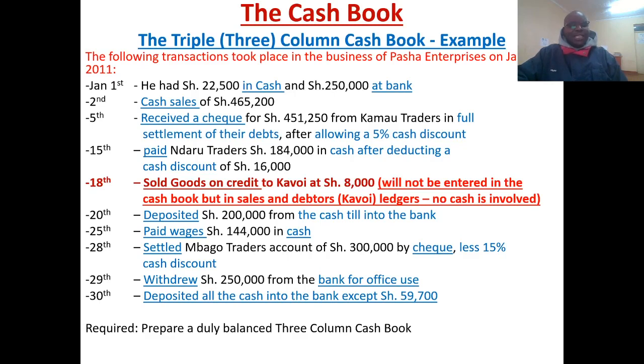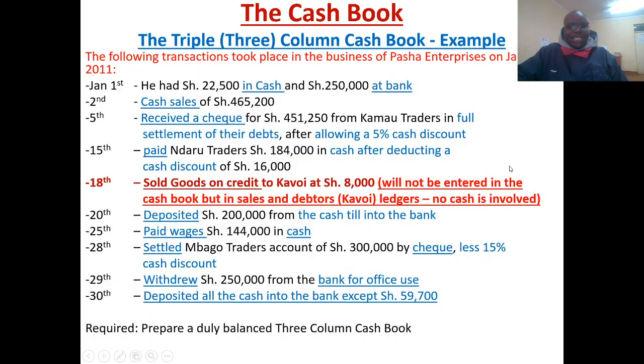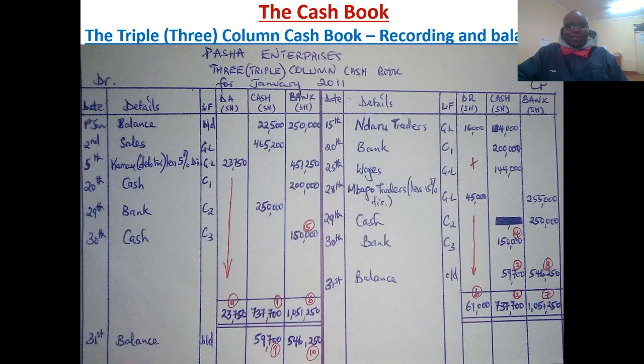On 20th, they deposited 200,000 from the cash till into the bank.